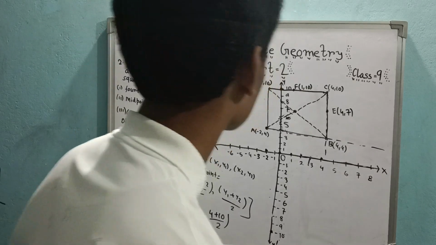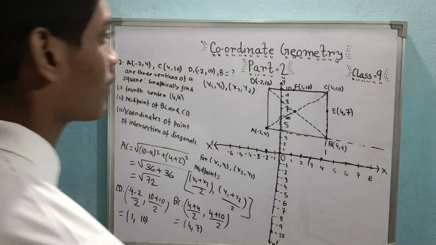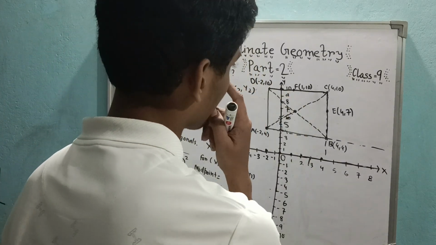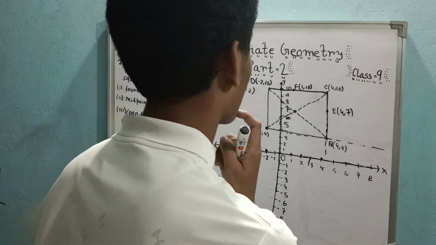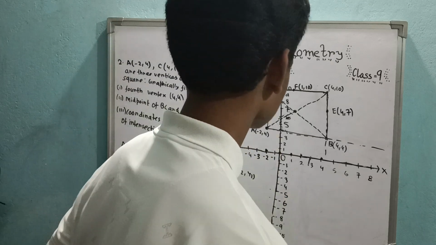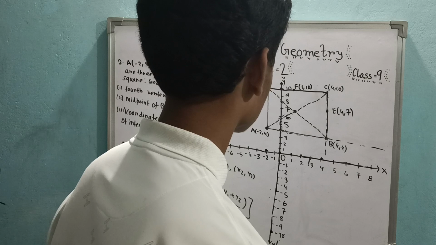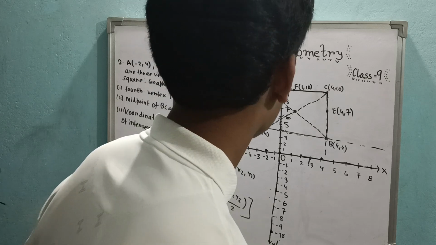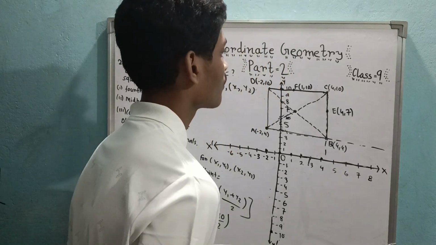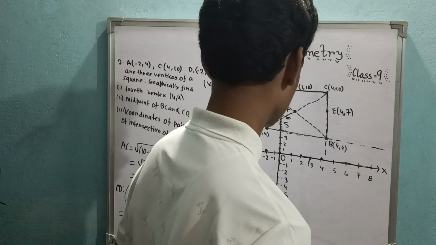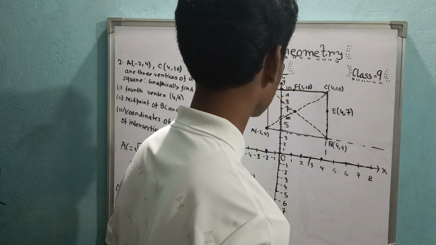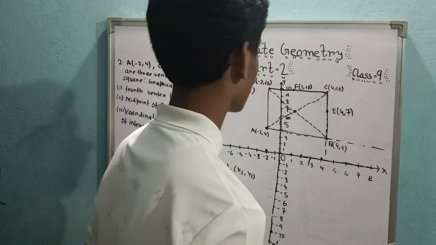And these two things: minus 2 plus 4, minus 2, 10 plus 10. I am seeing a midpoint. 2 plus 4 minus 2 and 10.